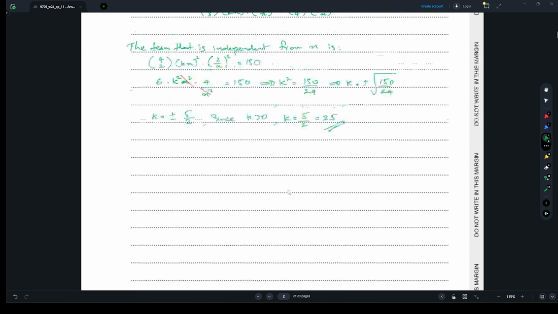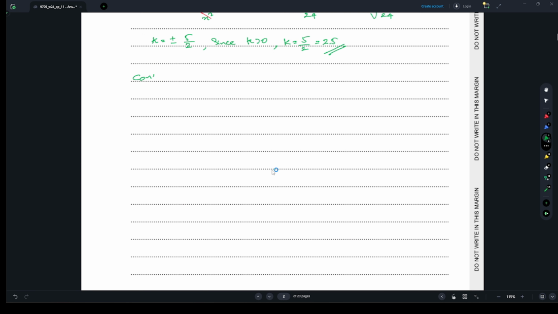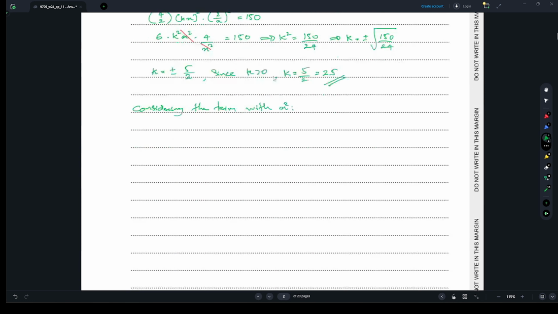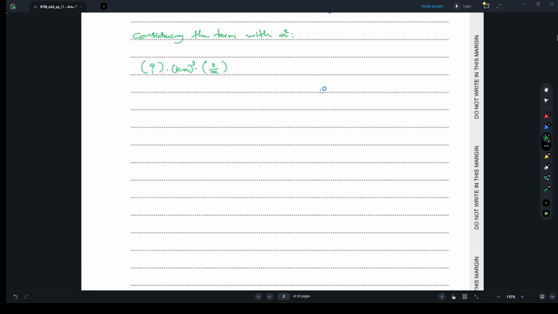Okay, so we can write, considering the term with x squared, that is this one, 4c1, then kx to the power 3 times 2 over x.